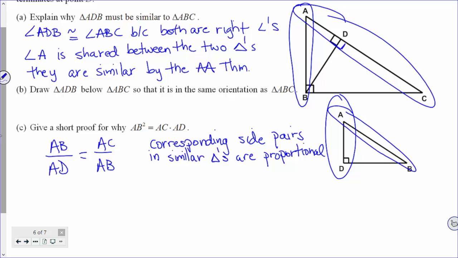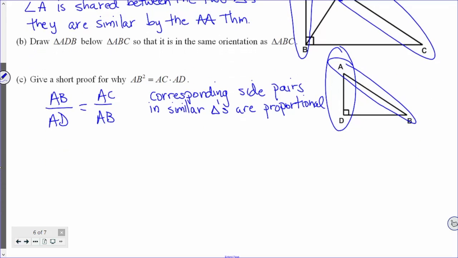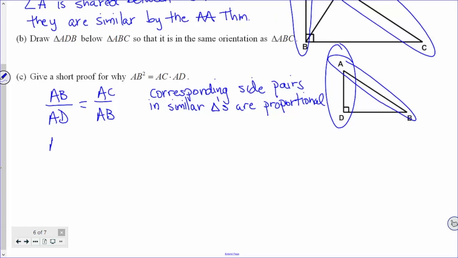All right, and then the beautiful thing is I can then write this as AB times AB is equal to AC times AD.